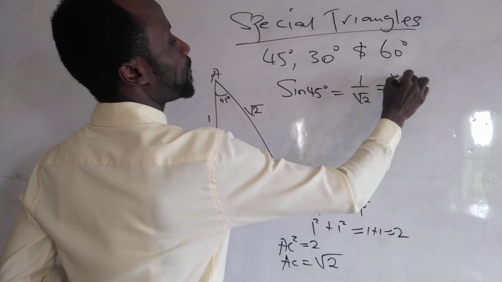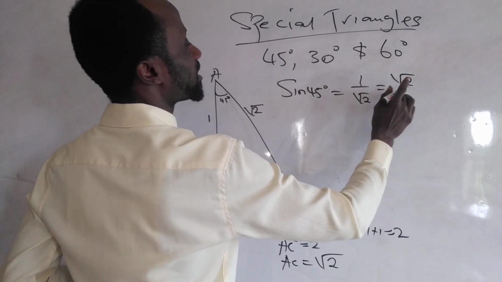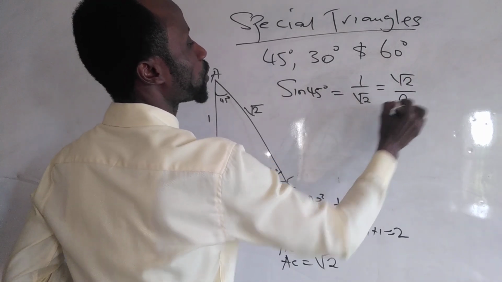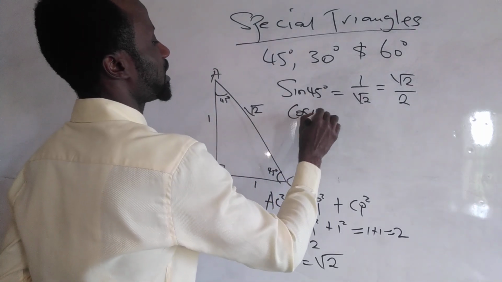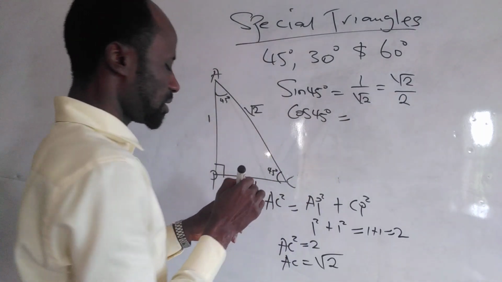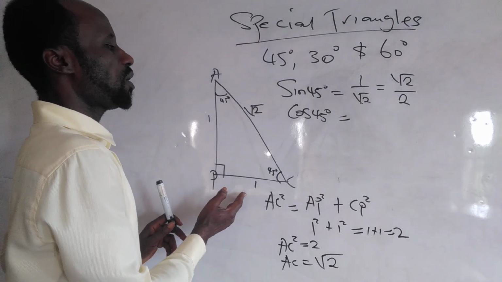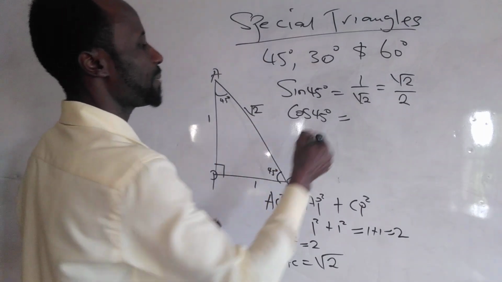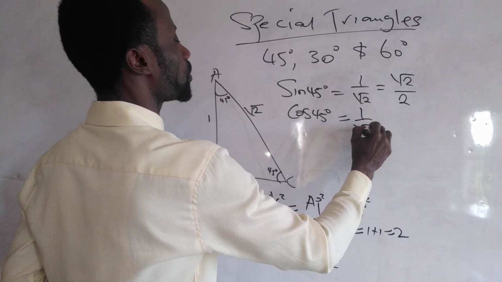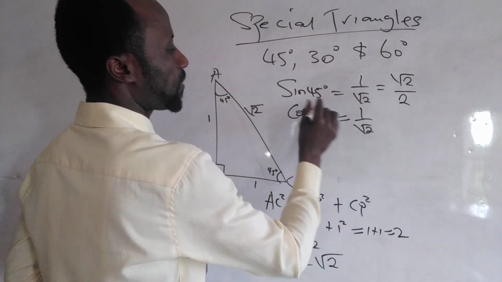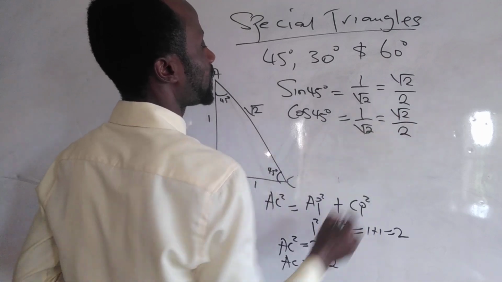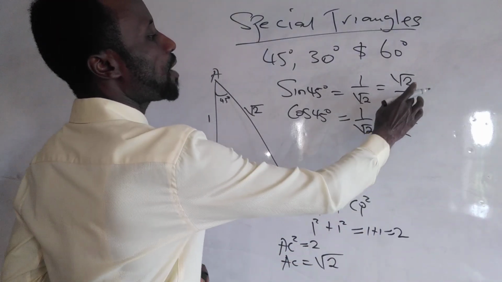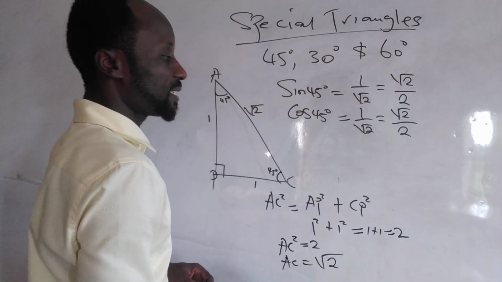Mathematical literature will put it as root 2 all over 2. Okay, now what is cos 45 degrees? Cos is adjacent all over hypotenuse. That means 1 all over root 2. It's the same thing as sine of 45 degrees, which is the same thing also as root 2 all over 2.